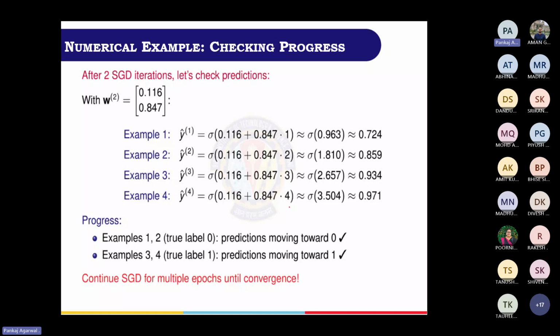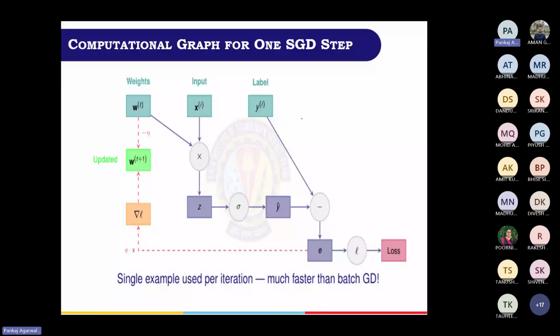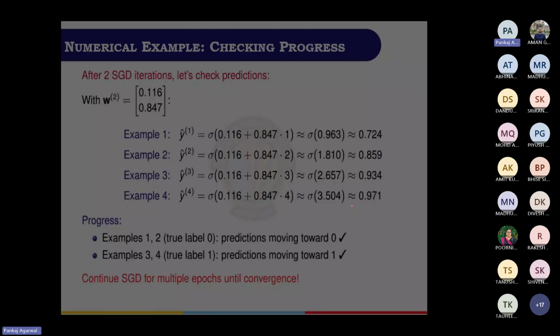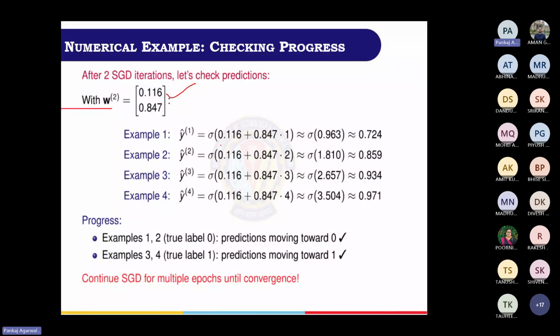So after two SGD iterations, and we are doing SGD, right? We're computing everything. So we got this after the second iteration, isn't it? Similarly, for example one, you could have done it.